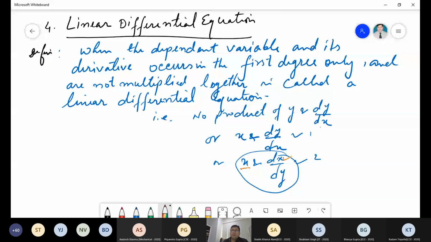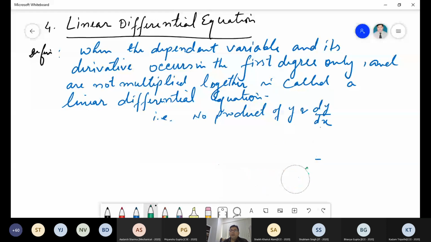Dependent variable here because we are differentiating x with respect to y, so y is the independent variable and x is the dependent variable. That means x and dx by dy could not be multiplied as per the definition of linear differential equation, or y and dy by dx also we cannot multiply, otherwise the equation will not be linear. So that's why I'm writing here the alternative way, that no product of y and dy by dx, or x and dx by dy. Yeah, both are correct now.